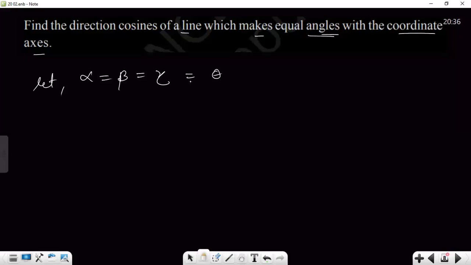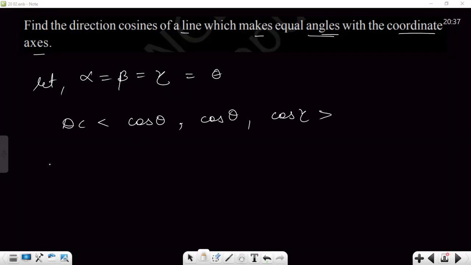We have to find out the direction cosines. So cosine of alpha is cos theta, cosine of beta is cos theta only, cosine of gamma is also cos theta. So these are the direction cosines.